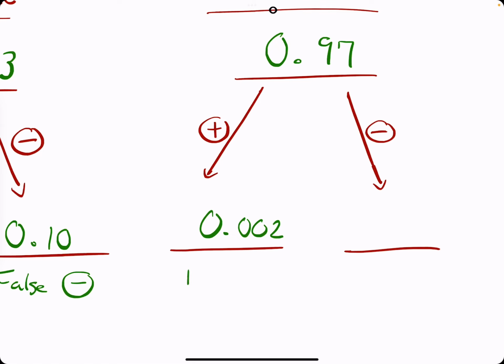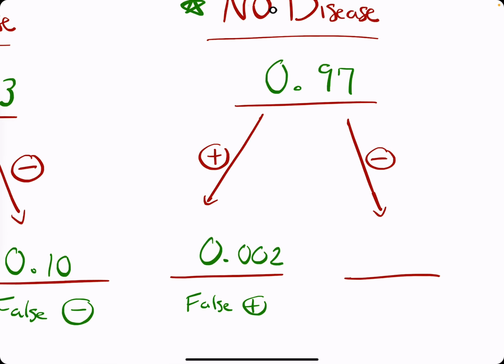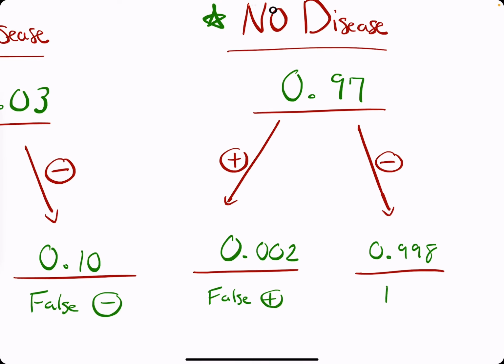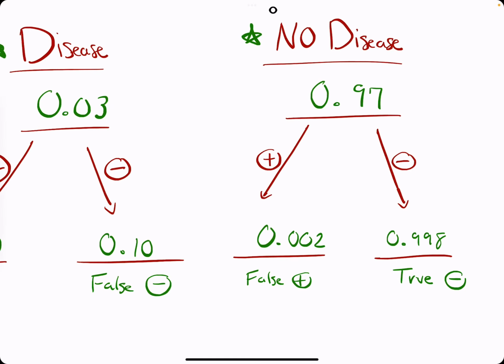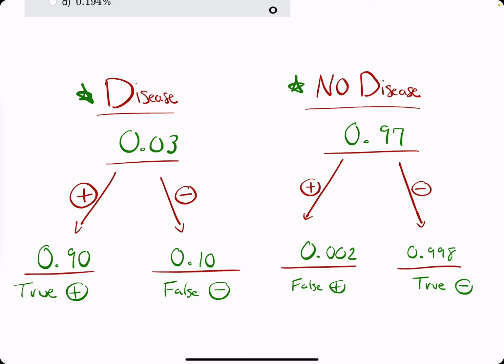This is a false positive. And if 0.002 test positive among the people that do not have the disease, then 0.998, the leftovers, will test negative, so truly negative. Again, 0.2% plus 99.8% equals 100%.